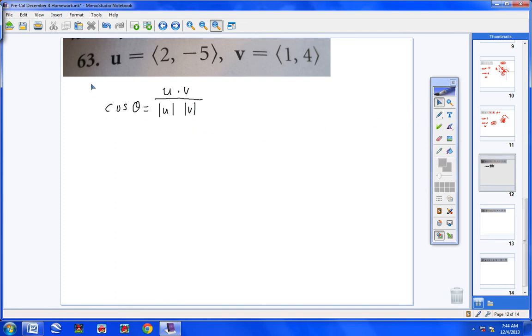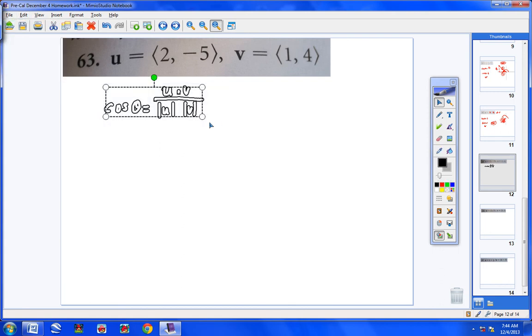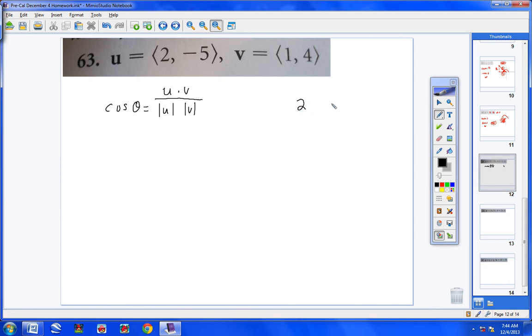I'm going to go ahead and highlight this so I can cut and paste it for the next 2 problems. And here we go. Well, let's very quickly find the dot product for the numerator. You multiply your first numbers together, 2 times 1, you get 2. Multiply your last numbers together, you get a -20. And we're going to add those 2 together, and we get a -18. So we know our numerator is -18.